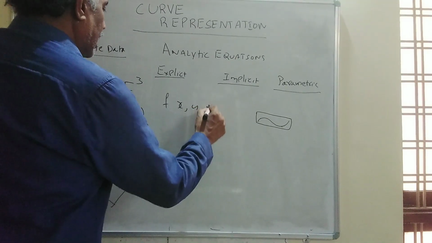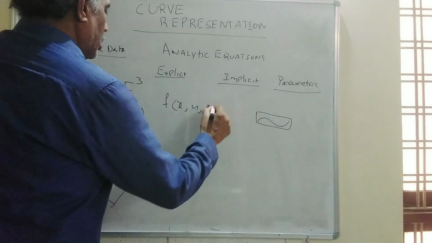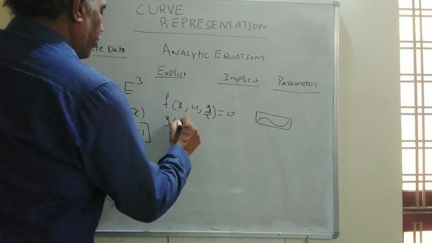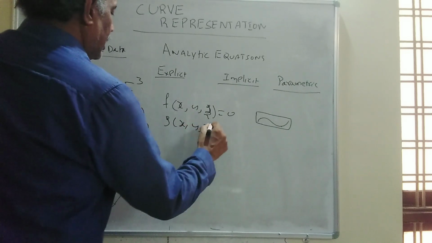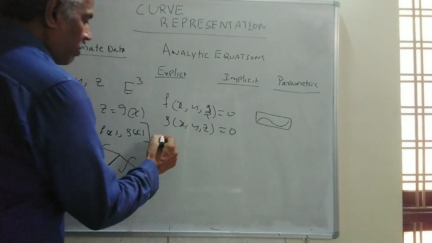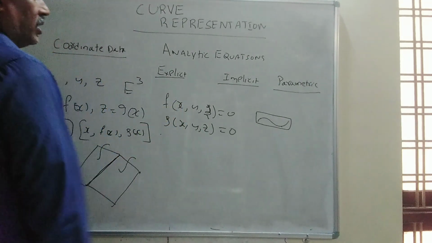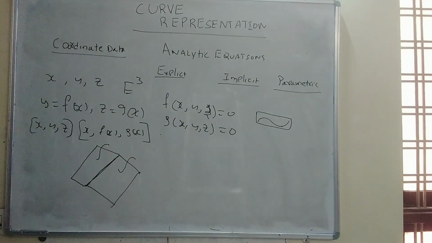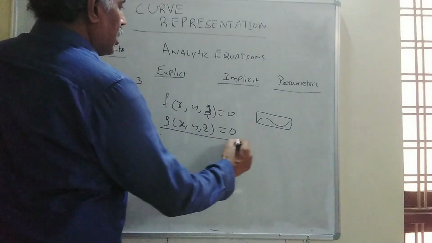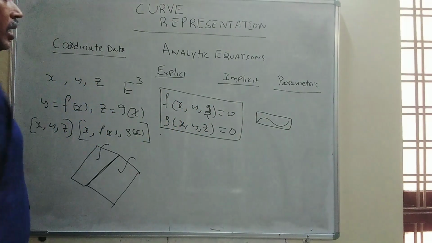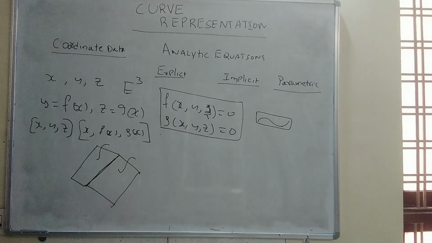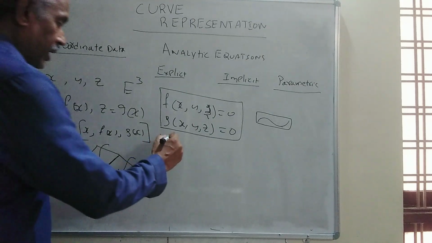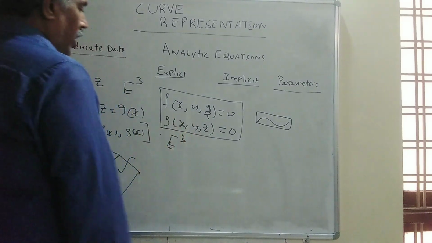That means f of x, y, z is equal to 0 and g of x, y, z is equal to 0, and we get a common curve which is a combination of these two planes, two surfaces. This is the implicit way of representing a curve. So we have the explicit way and the implicit way, and this is also in E3 Euclidean space.